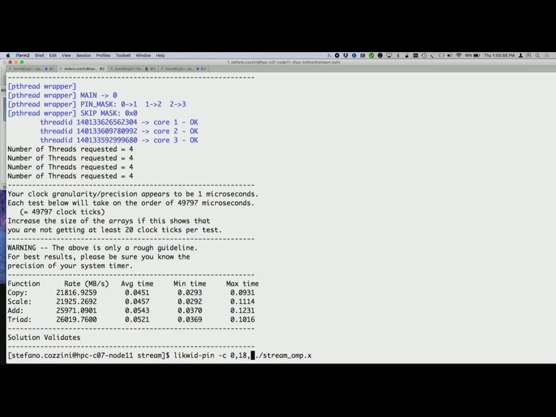Correct, exactly, 18. Then we go to 36, and then we go to 50, help me, 57? No, 54, correct. Okay? So this means that they are actually on 4 different sockets. Let's see what's happening.